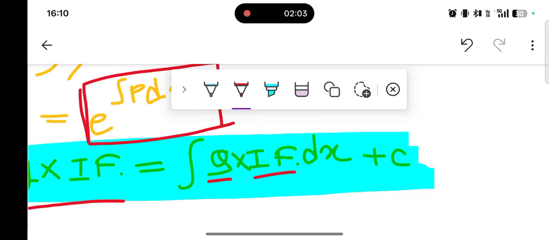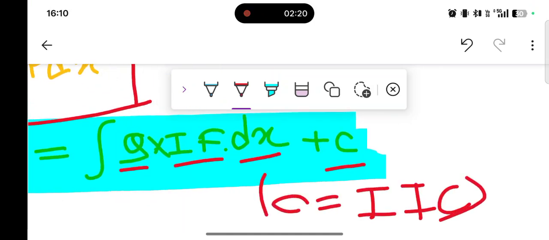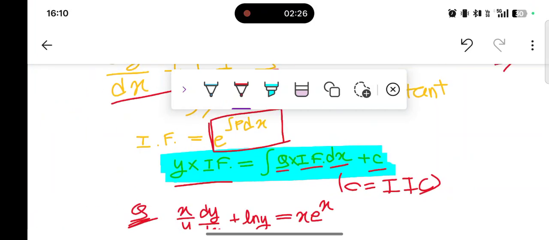Then we have to integrate the whole part with respect to dx, then add a constant c. And what is c? C is the indefinite integral constant. Don't forget to write it, right? C is the indefinite integral constant, be careful. So this is the solution procedure of linear differential equations.